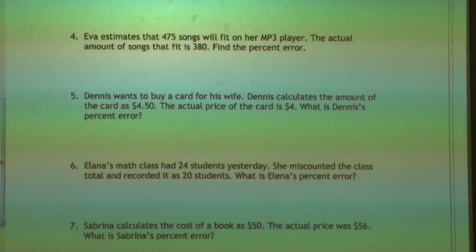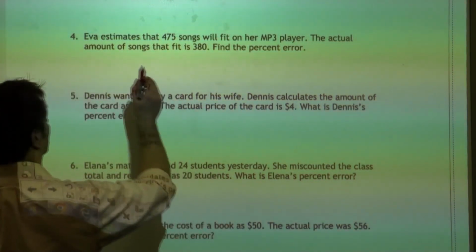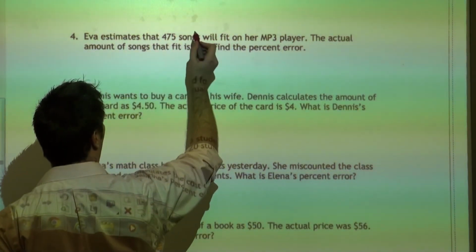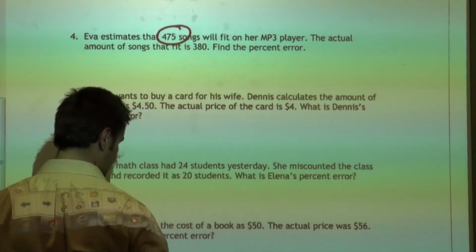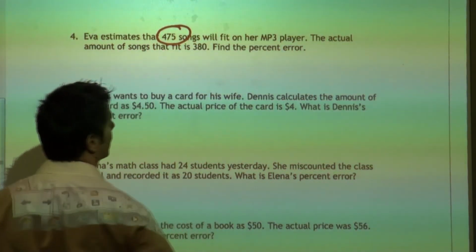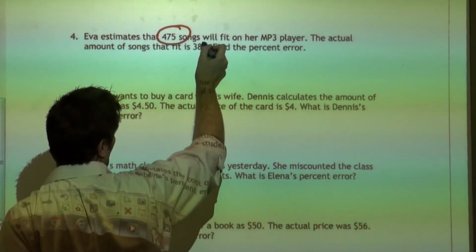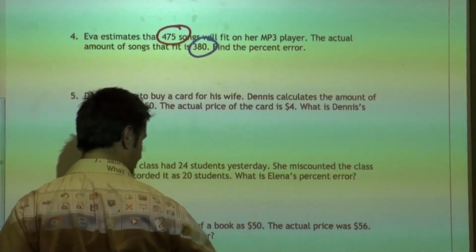Okay, let's find if your answer is the same as mine. Eva estimates that there are 475 songs, so that's the number that she's going to estimate. But the actual number of songs is 380.